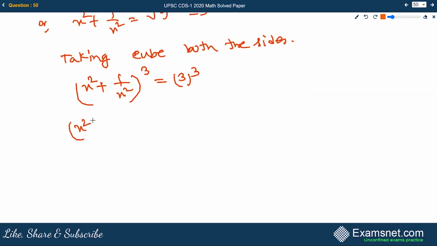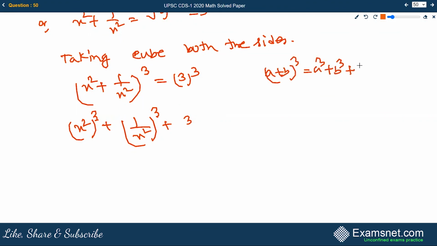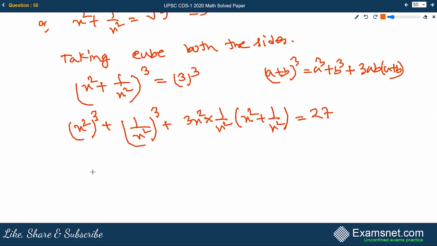Next, x square whole cube plus 1 by x square whole cube plus 3ab. What is the formula for a plus b whole cube? That is a cube plus b cube plus 3ab multiplied by a plus b. So here x square plus 1 by x square multiplied by x square plus 1 by x square, which equals 27.